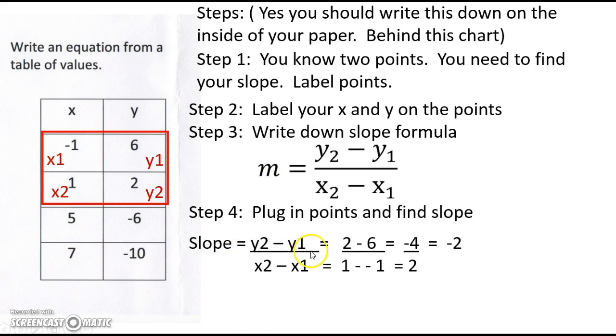And you're going to put your points in there. y2 is 2 minus 6, which is -4. x2 is 1 minus -1, which is 2. -4 divided by 2 is -2. Got your slope. Now we have our slope. We need to find our y-intercept. I'll give you about 30 seconds to get this down.